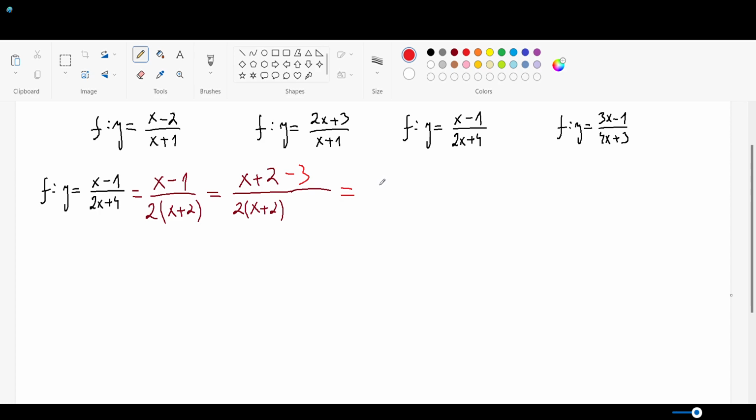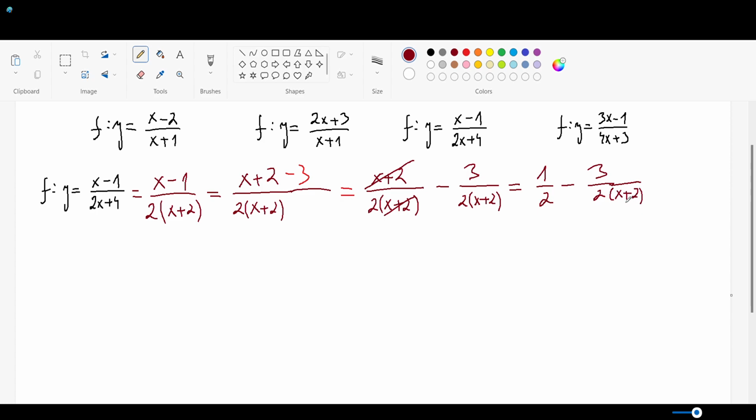Then it would mean that we can again rearrange with the same procedure like before, this fraction to x plus 2 over 2 times x plus 2 take away 3 divided by 2 times x plus 2, and we can simplify this one, so our function will be 1 over 2 minus 3 over 2 times x plus 2.